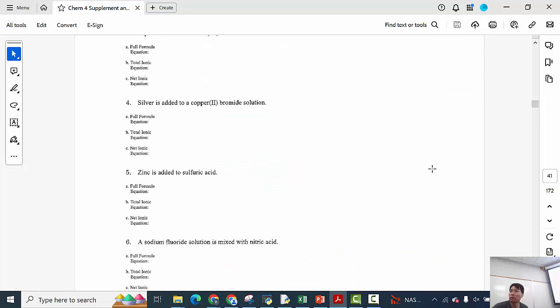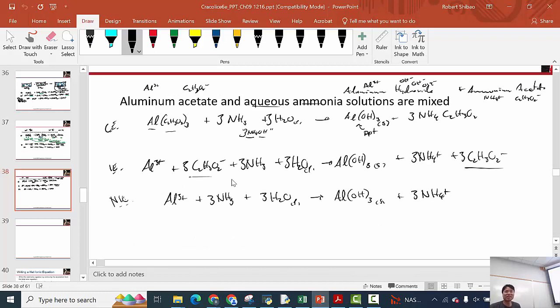Question: how did you tell that the acetate was a spectator? How could you tell the acetate is a spectator is because when I look over here, I have 3 acetates, and over here I have 3 acetates.